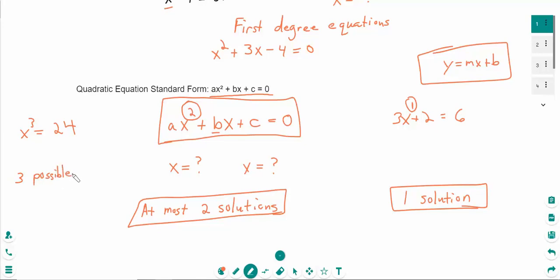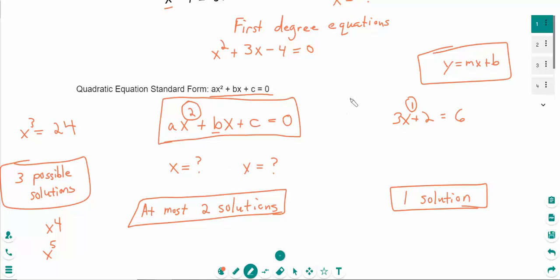So some of these equations that are to the third power could have as many as 3 solutions. If you have an equation to the 4th power, well, then you could have as many as 4 solutions. And then to the 5th power, 5 solutions, and so on and so forth. So in general, that highest power of the variable dictates how many possible solutions you could have to the equation.